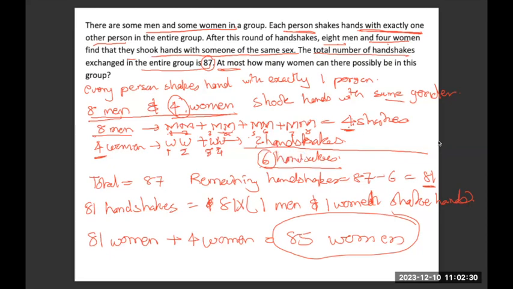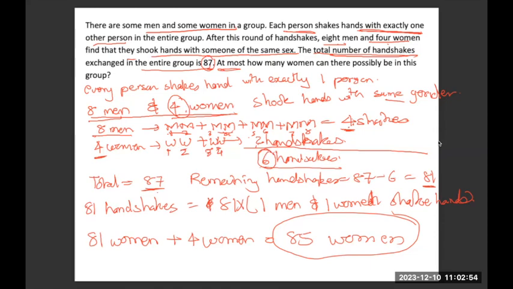Now the total number of handshakes in the entire group is 87. This total includes the handshakes by the same gender. So after the 6 handshakes done by the same gender, the remaining handshakes are done by men and women together.